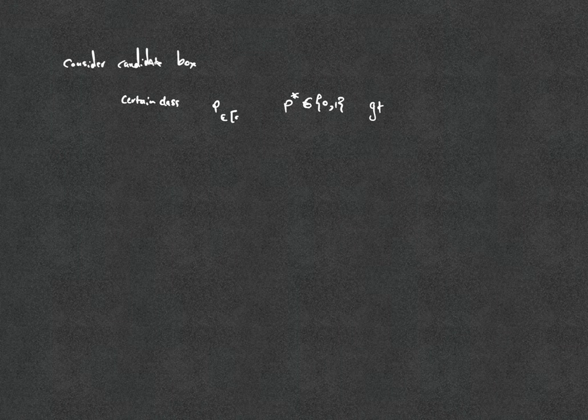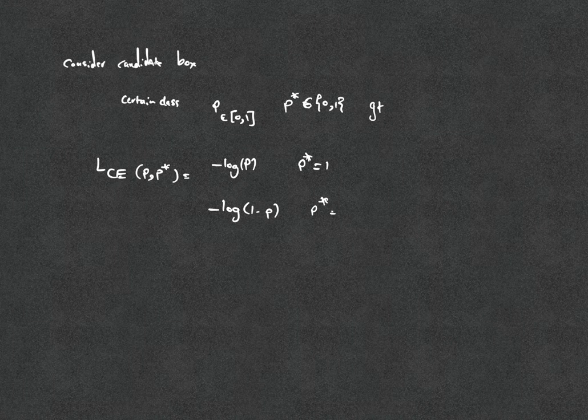So this one is a probability, and this one is the ground truth. If you write the cross-entropy loss between P and P star, if P star is 1, this is going to be your cross-entropy, and if P star is 0, this is going to be your cross-entropy.